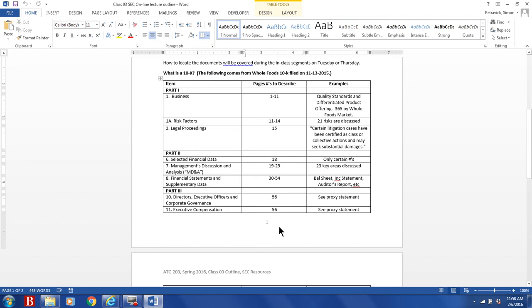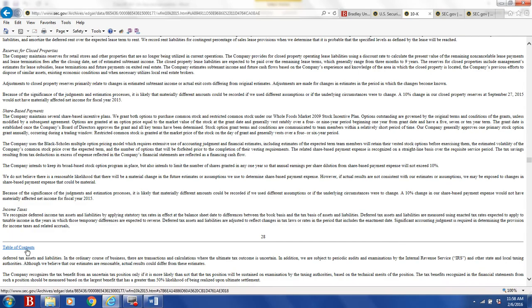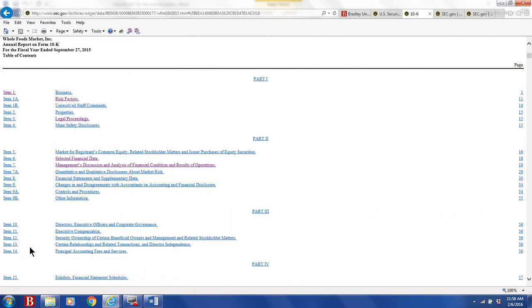Finally, pages 30 to 54 are the balance sheet, and again, that's available through the table of contents.